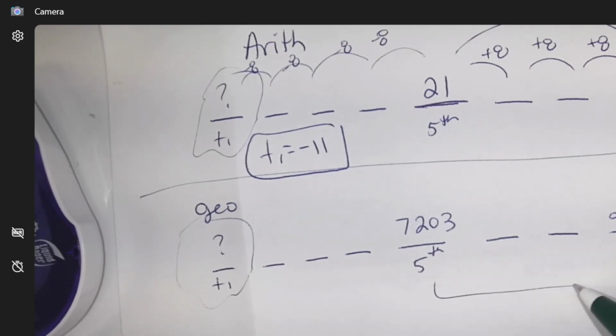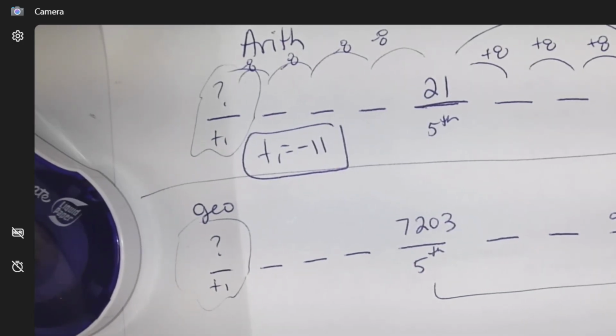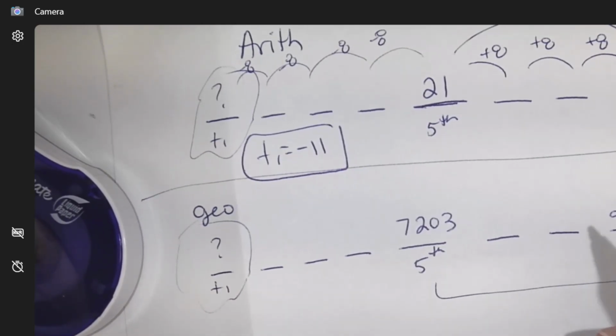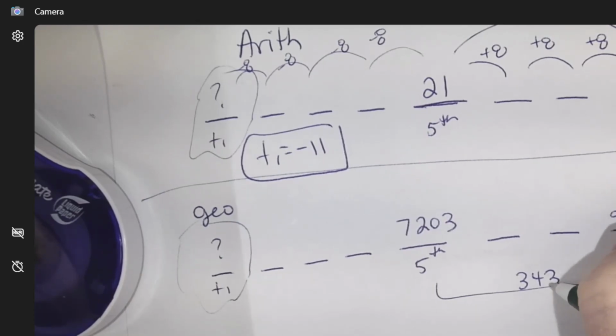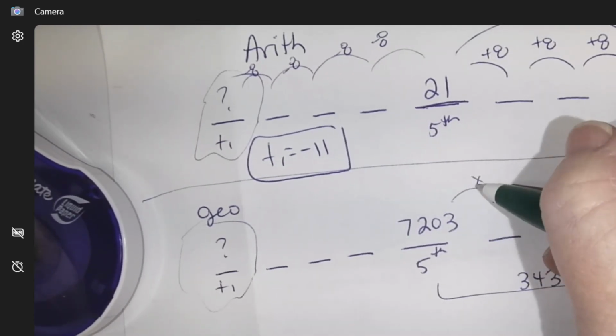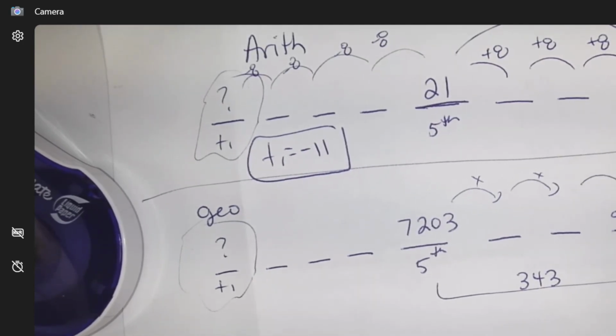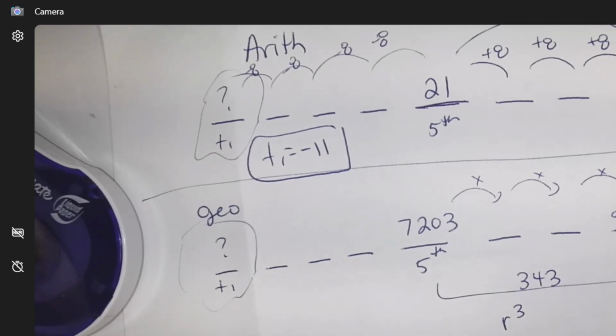And the geometric, so all the way from there, if you do the divide, you should get 343. And then I timesed. So I did something repeated 3 times.